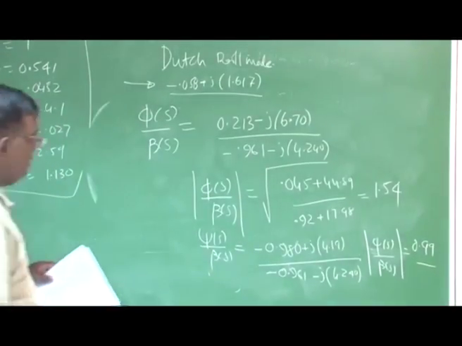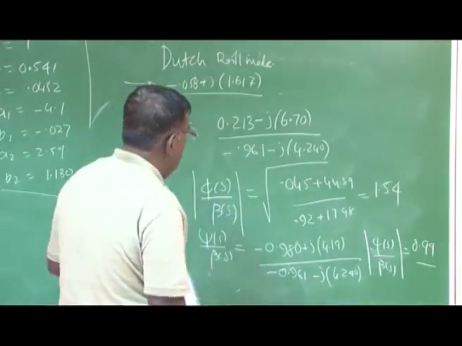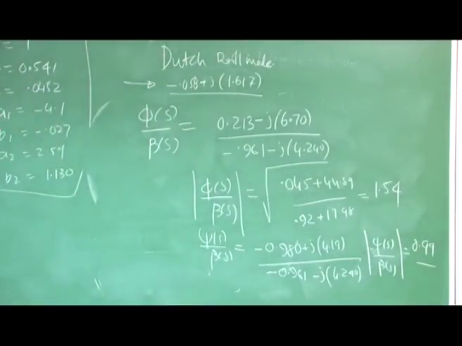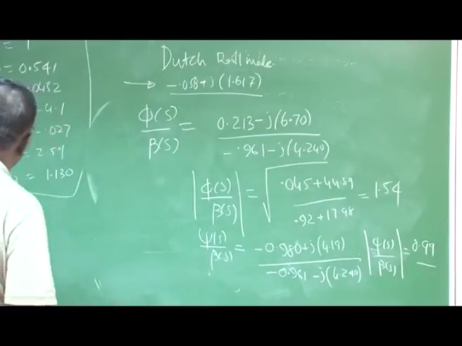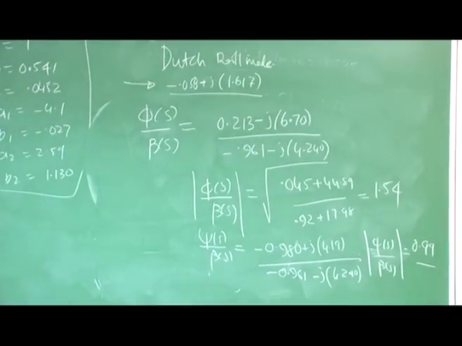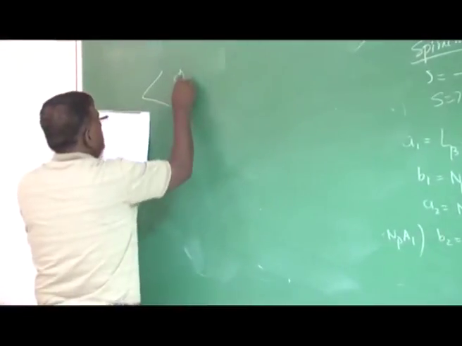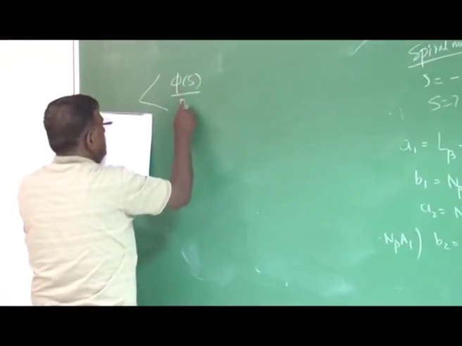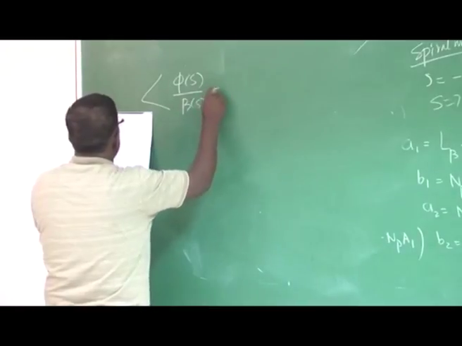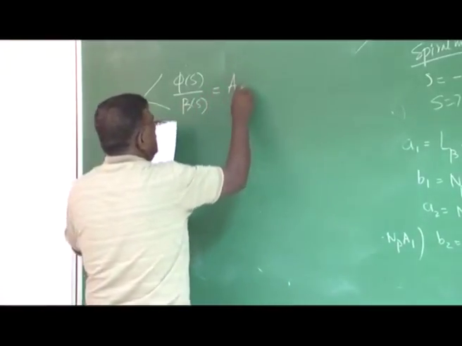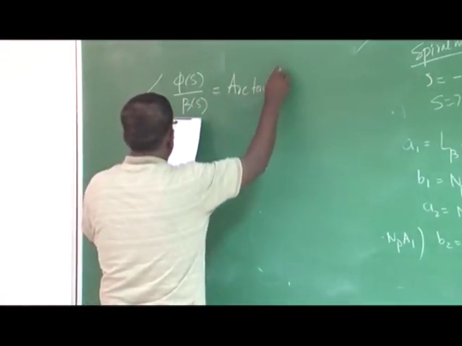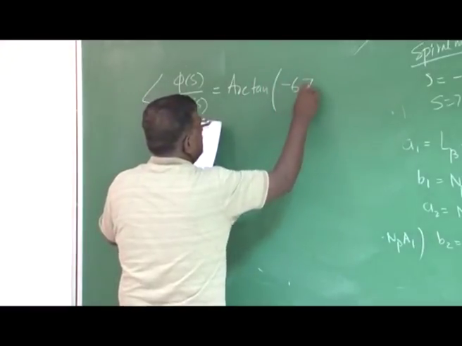But one thing you should understand, when I try to find the phase difference between phi and beta, and psi and beta, now also we are ready with the formula. We have already written this earlier. So if you find the phase of phi of s by beta of s, this will be arc tan of minus 4.24 divided by 0.960.